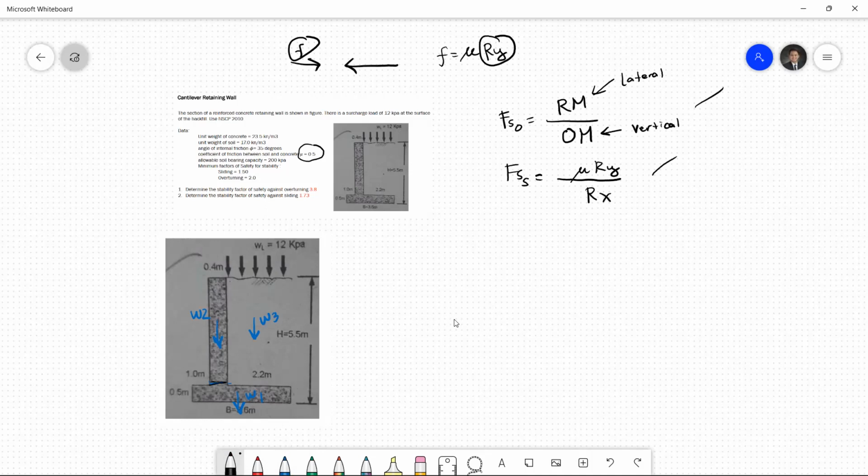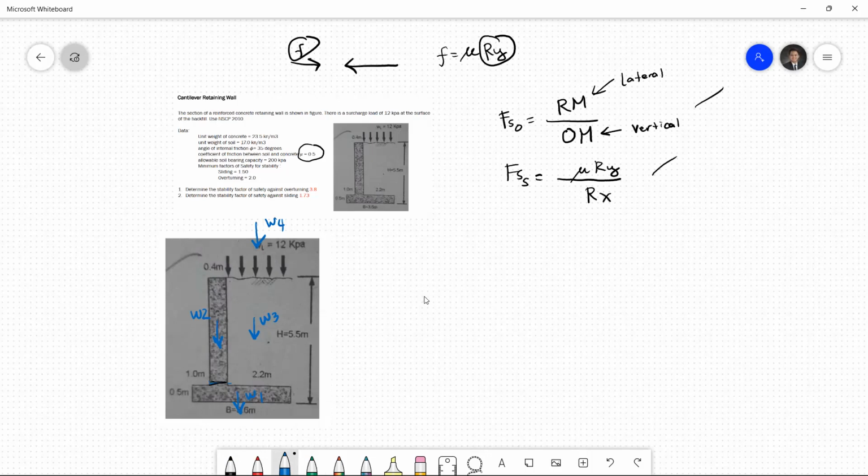W3 is the soil that falls on the slab, so that soil also helps. And also this surcharge load, we say this is W4. So again, W1 is the slab, W2 is the remaining stem, W3 is the soil, and W4 is the surcharge load.